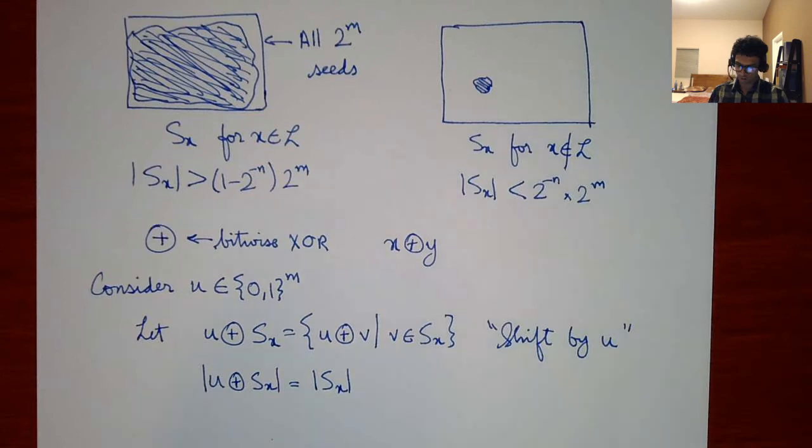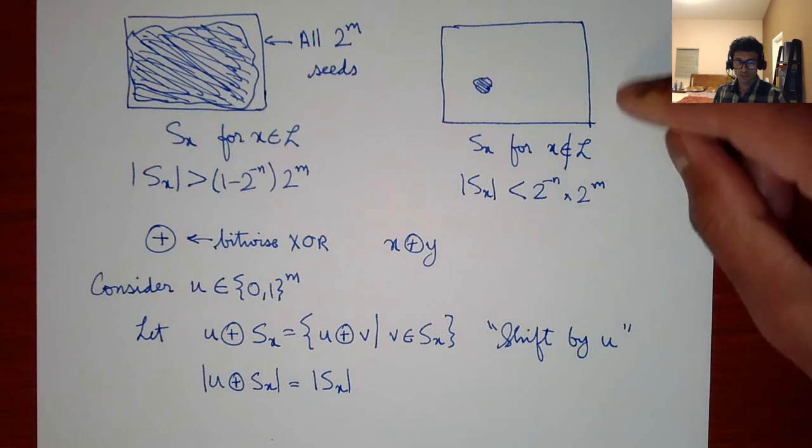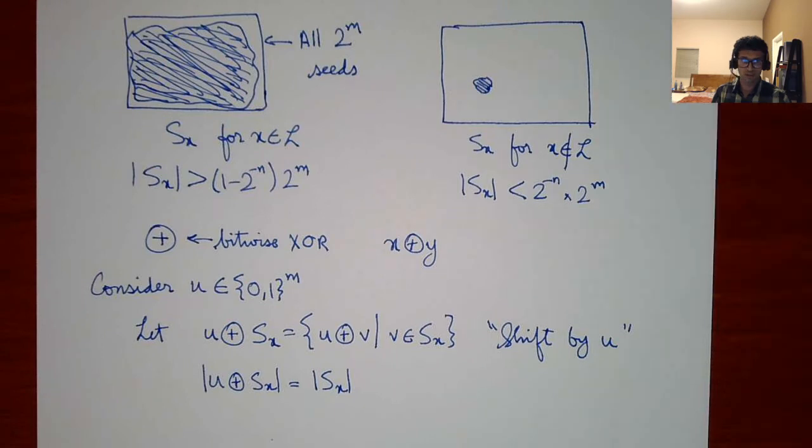What we're going to argue is that in this case, if you do a few shifts, you can actually cover everything. Whereas in this case, with a few shifts, you cannot cover everything. And this guarantee that you can cover everything versus you cannot, this is exactly what quantification and the polynomial hierarchy will give us. Okay, I'm going to write down two claims here.